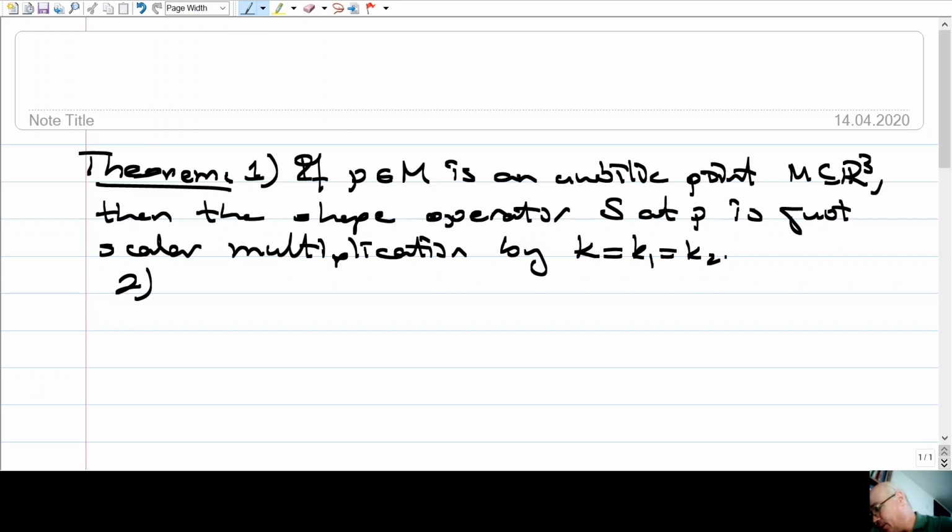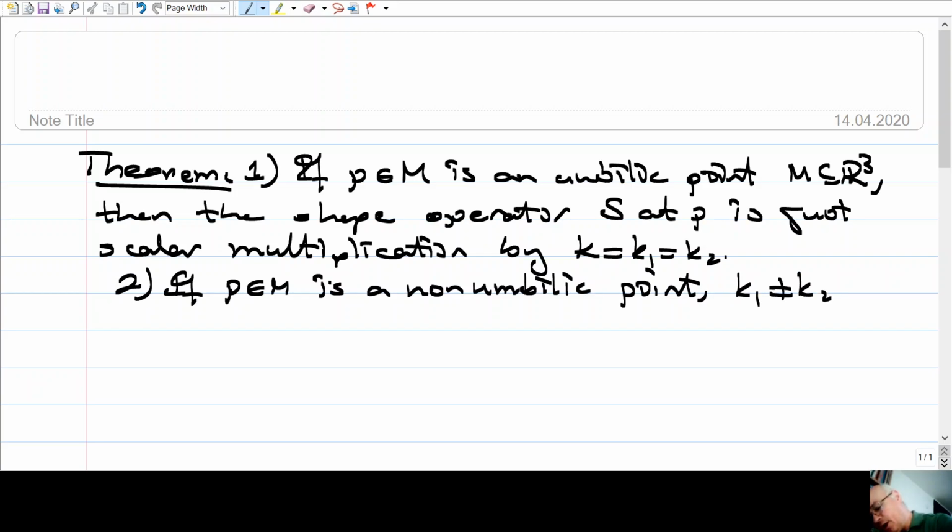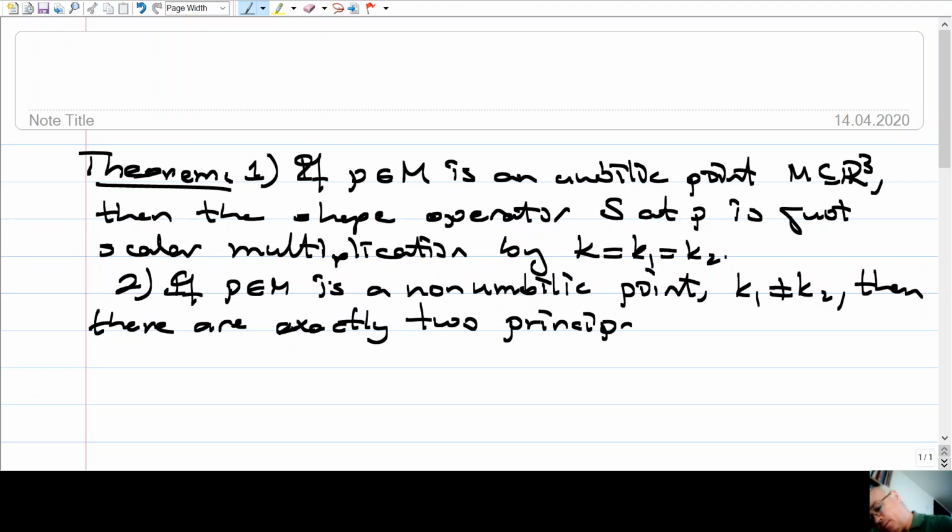And the second part of the theorem is this: if P is a non-umbilic point, meaning that the principal curvatures are different, then there are exactly two principal directions, and these principal directions are orthogonal.